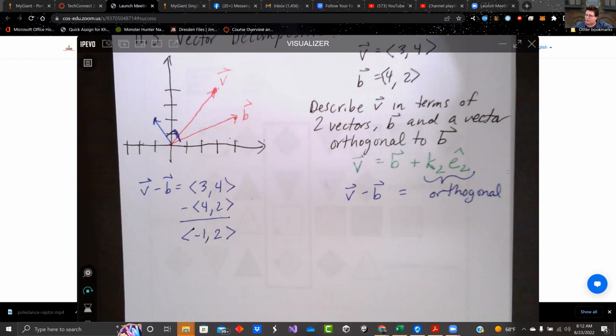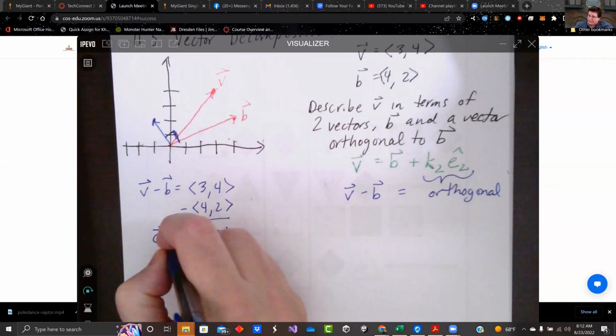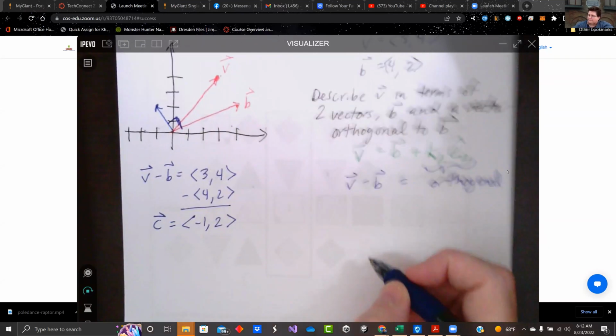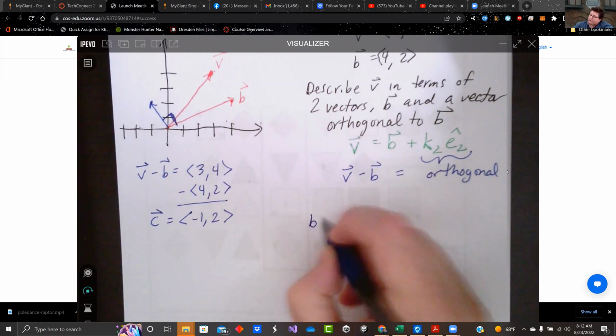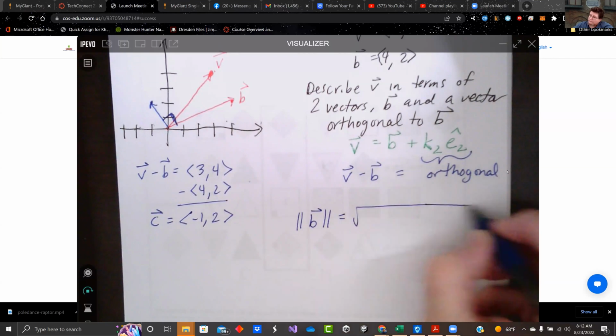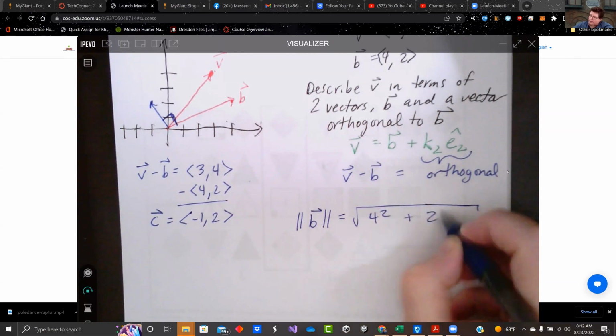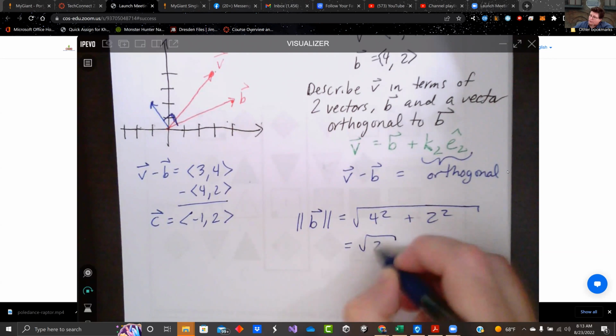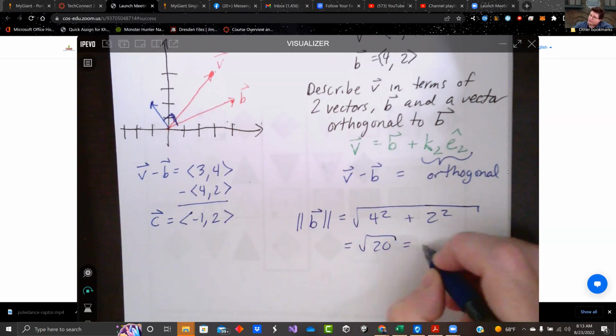And then rather than going through all that to find K1 and K2, breaking these down into unit vectors, we can simply divide each of these by the magnitude of the vectors. Let's call this vector C rather than B orthogonal. B would be, if we find the magnitude of B, 4 squared plus 2 squared is 20, square root of 20, which is 2 root 5.